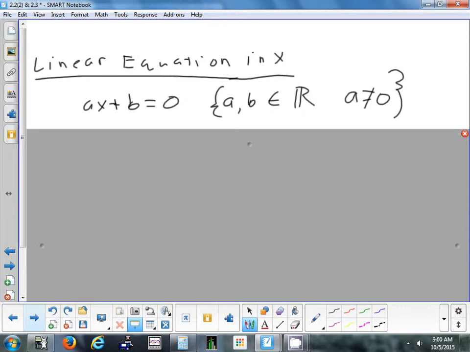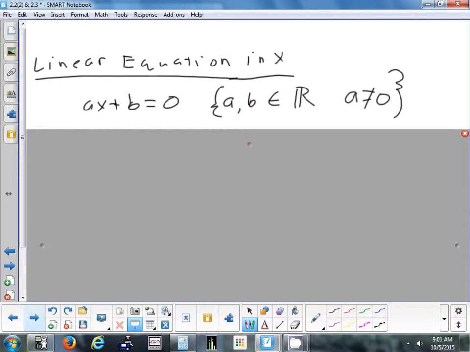So that's an example of a linear equation. It's kind of like the cost formula we had, 1.5x plus 200,000. So in a linear equation, a and b can be any real number that you want. A and b are real numbers. The only thing a can't be is 0.